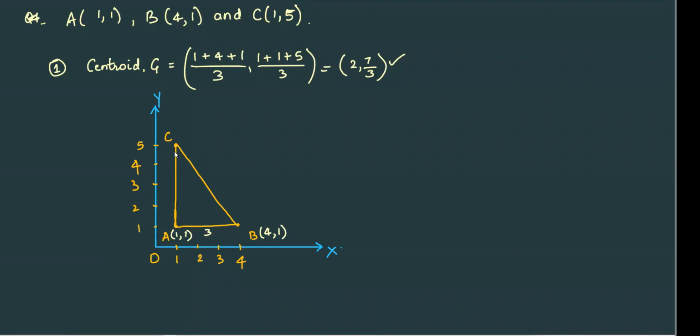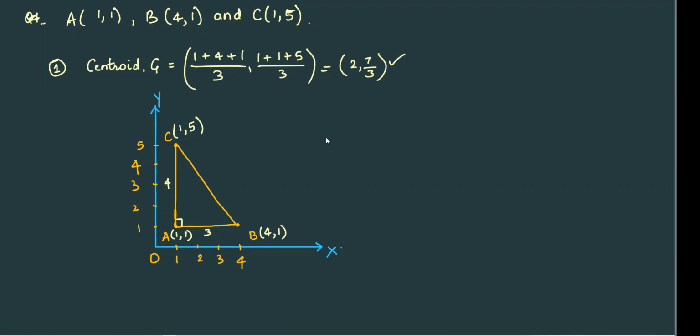Similarly, the distance AC is 5 minus 1, which is 4. This is the distance AC, to (1,5). Now this is 3, this is 4, and this is a right angle triangle.